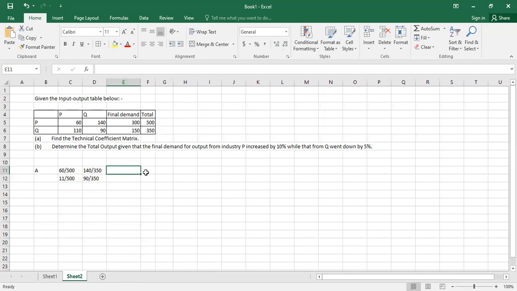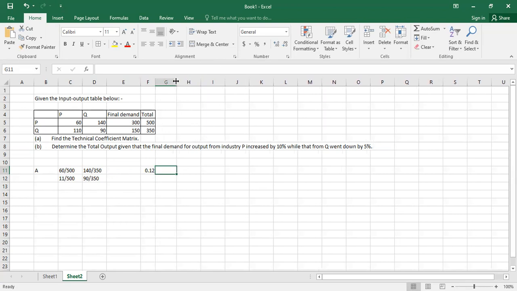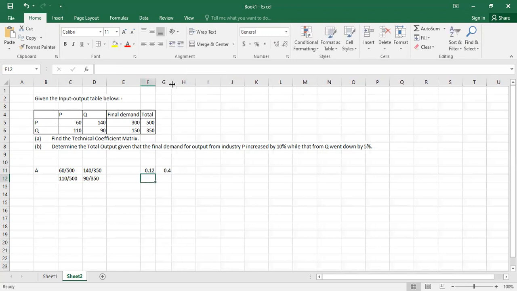0.12. 140 over 350 is 0.4. The third one is 110 over 500: 0.22.